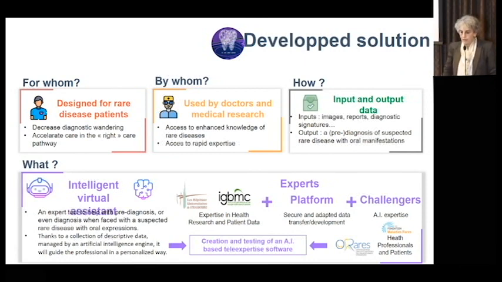So it is a solution for doctors and dentists. I mentioned the input and output data. Why for both professionals? Doctors might recognize a rare disease or see medical symptoms, but they are not expert in the oral cavity and very often express that they don't know what to do with the teeth signs.